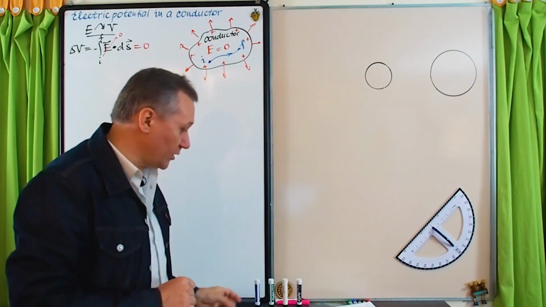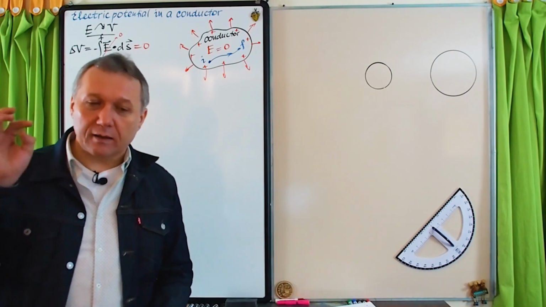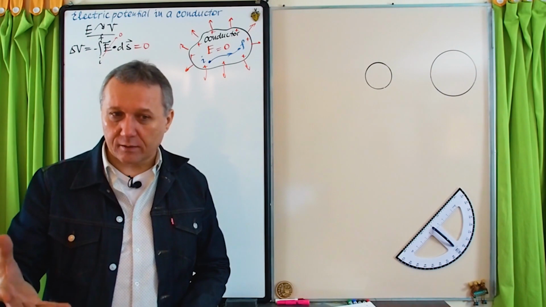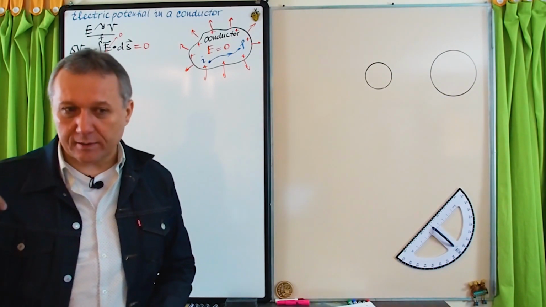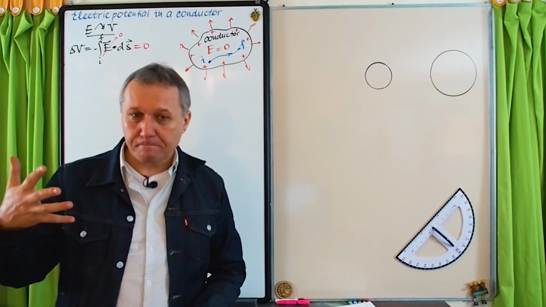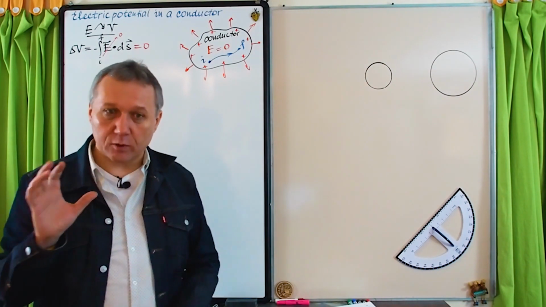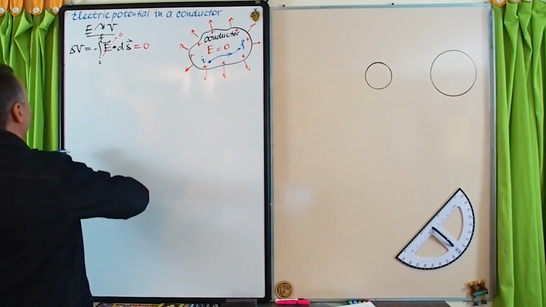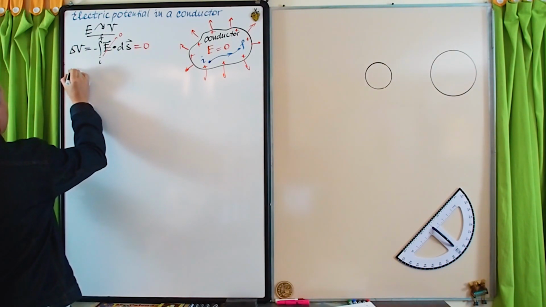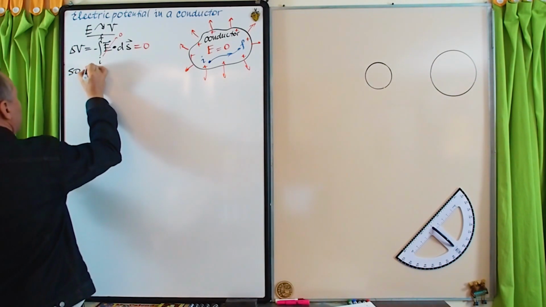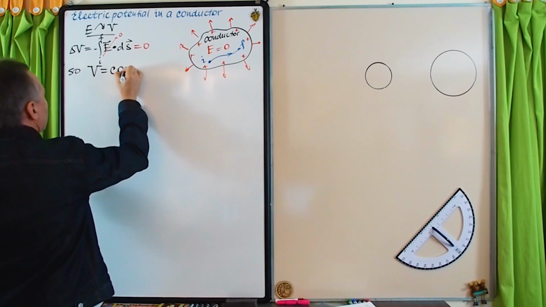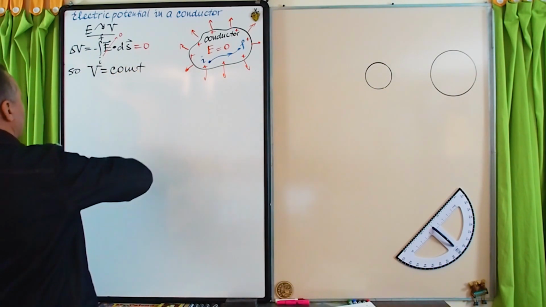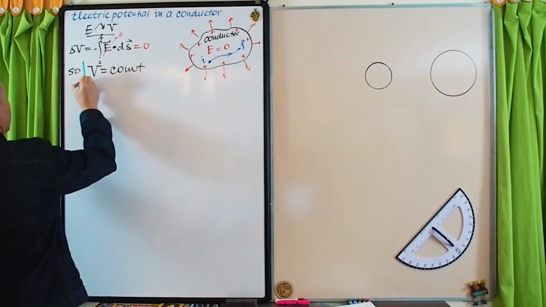So that additional property which we need: electric potential inside of a conductor in electrostatic equilibrium is constant. That's what we want, and of course, we need to remember that. All right, so I can write, V is constant. That's what we need. Okay, let me use a different color.